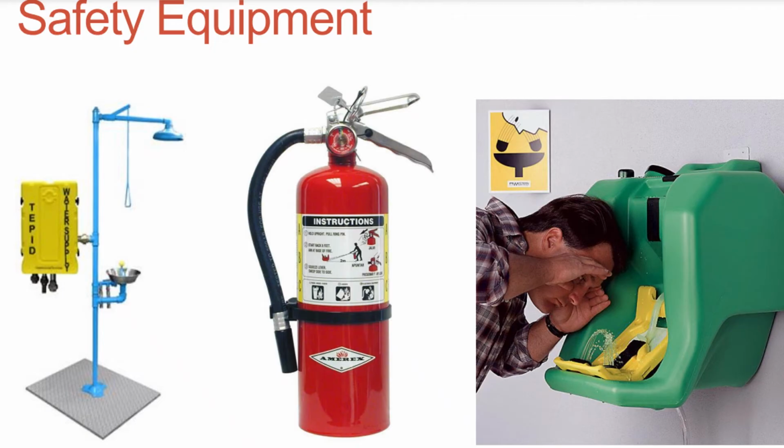It is recommended that safety showers deliver 30 to 50 gallons of water per minute at 20 to 50 pounds per square inch and be located in areas where corrosive liquids are stored or used. So those are the things you need to know for safety showers.